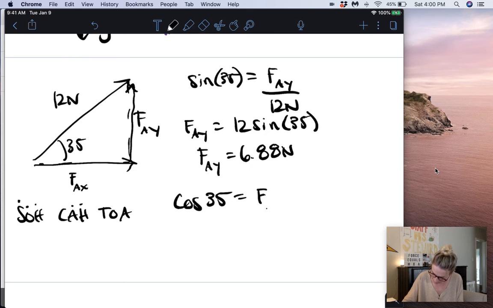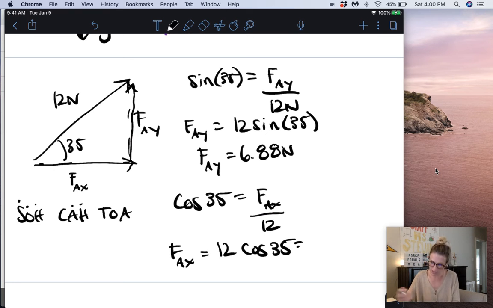So the adjacent side is force applied x over hypotenuse, which was 12. So the applied force in the x direction will be equal to 12 times the cosine of 35, which we end up getting 9.83 newtons.